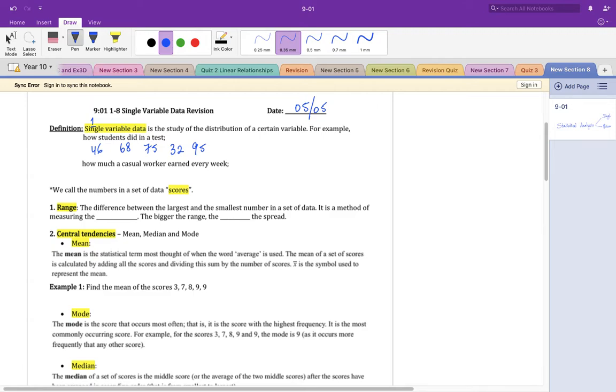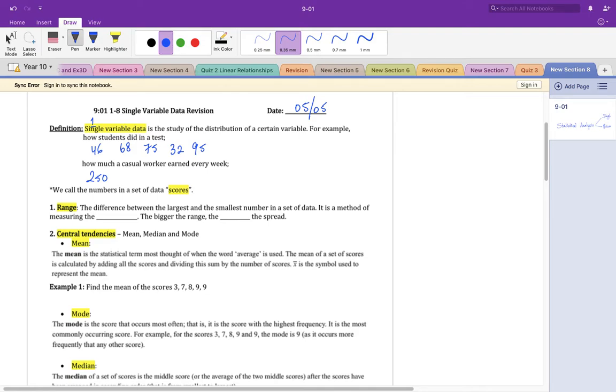Secondly, how much a casual worker earned every week? So how do you think this could be counted? So this is how much a person has earned. So obviously this is money, right? So let's say my first number is 250. If I record 250, what's the unit for it? It's dollars, right?